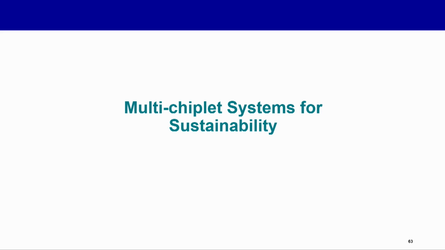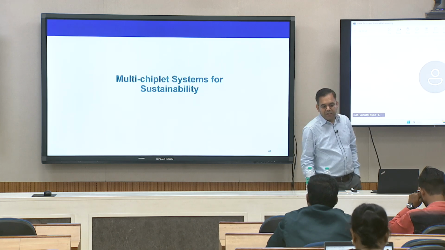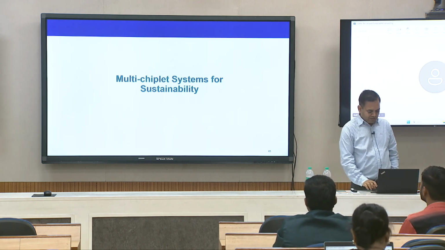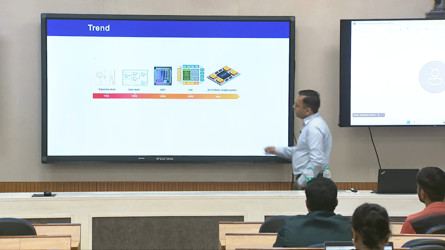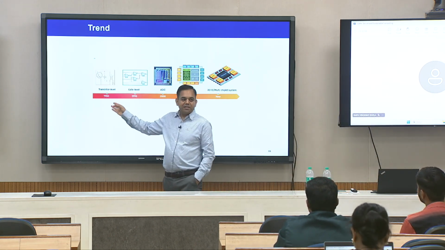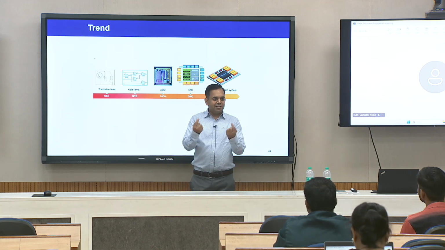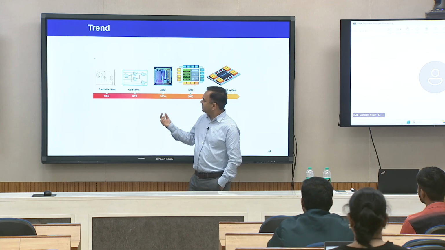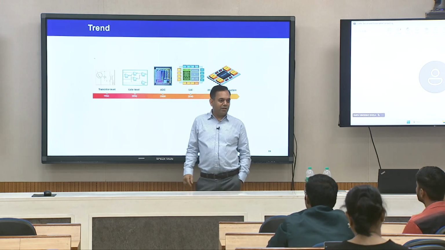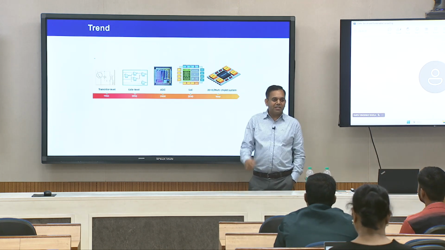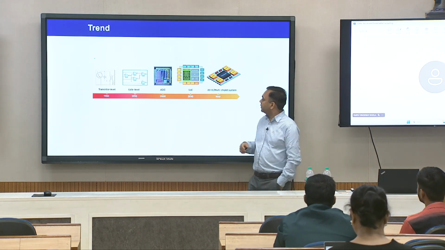Okay, another thing for sustainability. There is a trend, something called multi-chiplet systems. If you look at how computing started, we had this transistor level. You remember the first transistor was discovered, it did something, then gate-level things were made, then ASICs were made for some specific purpose.